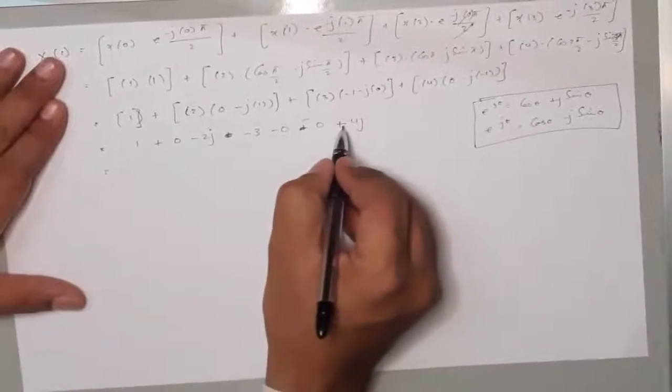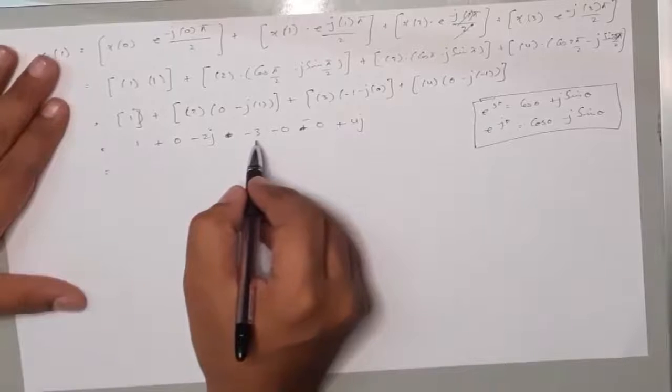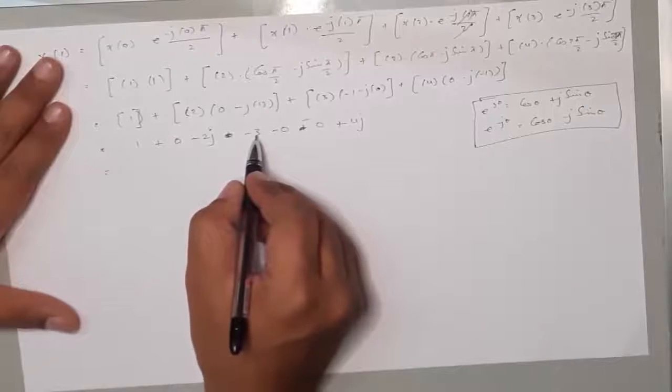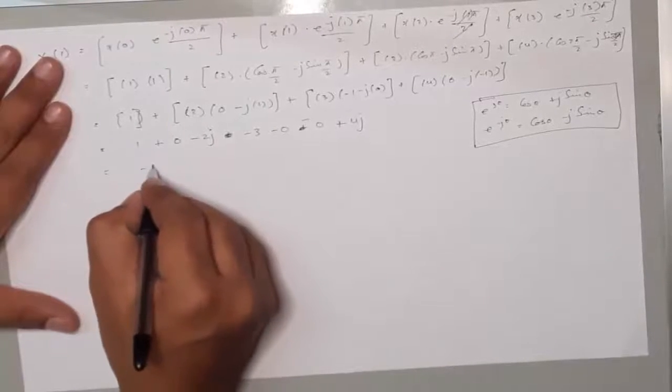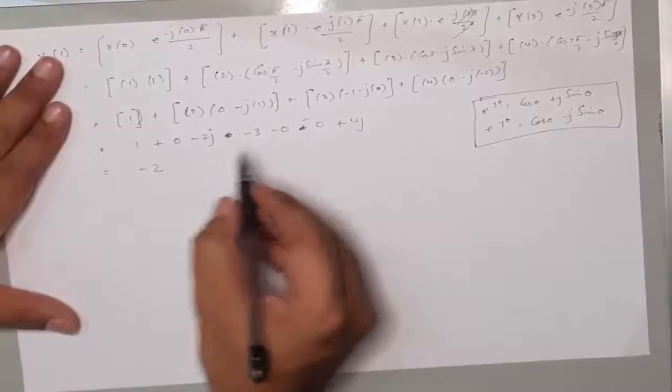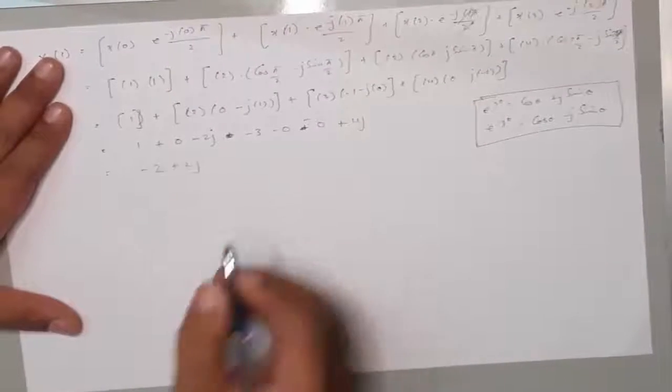So your answer here: minus 3 plus 1 is minus 2, plus 4j minus 2j is plus 2j.